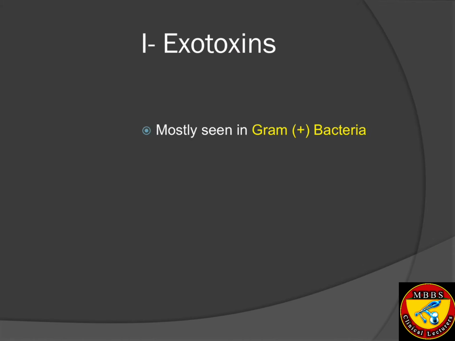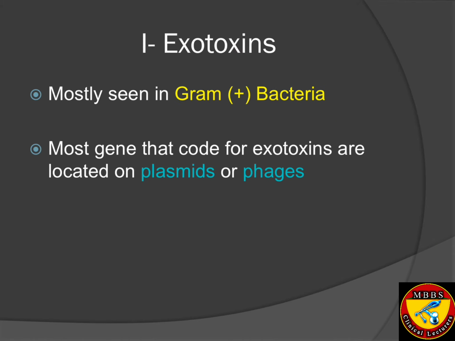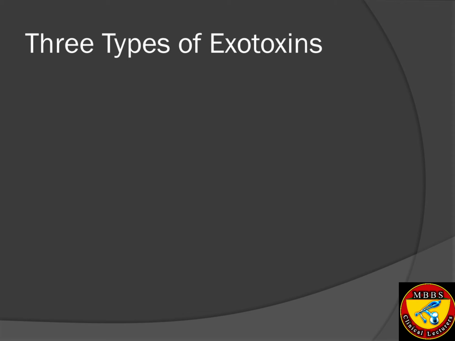So coming again to exotoxins, these are mostly seen in gram-positive bacteria, and the genes that encode the exotoxins are located on plasmids or phages. There are three types of exotoxins. They can be cytotoxins, which kill the cells, for example, diphtheria toxin produced by Corynebacterium diphtheriae.